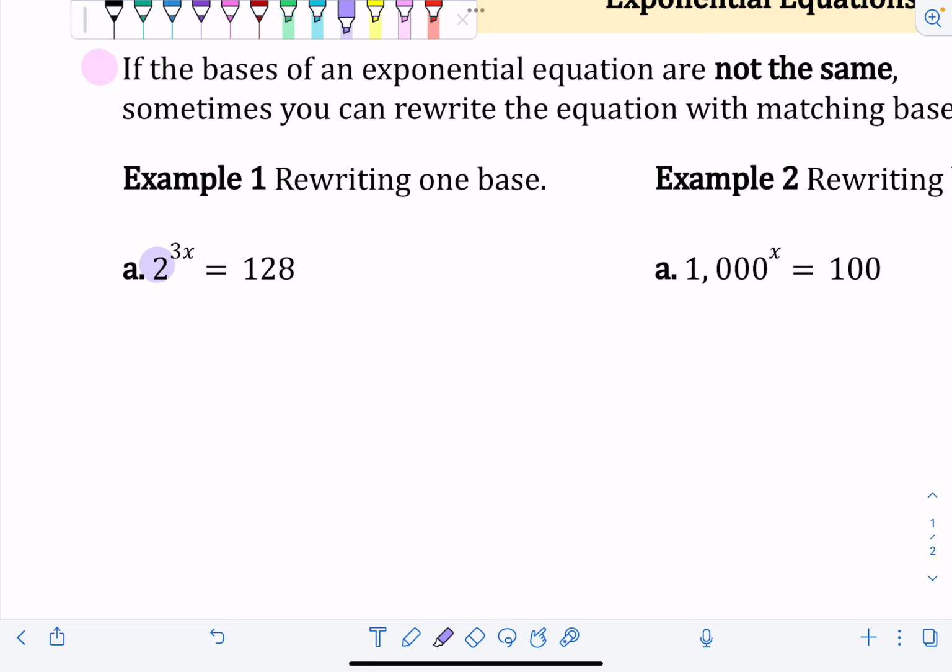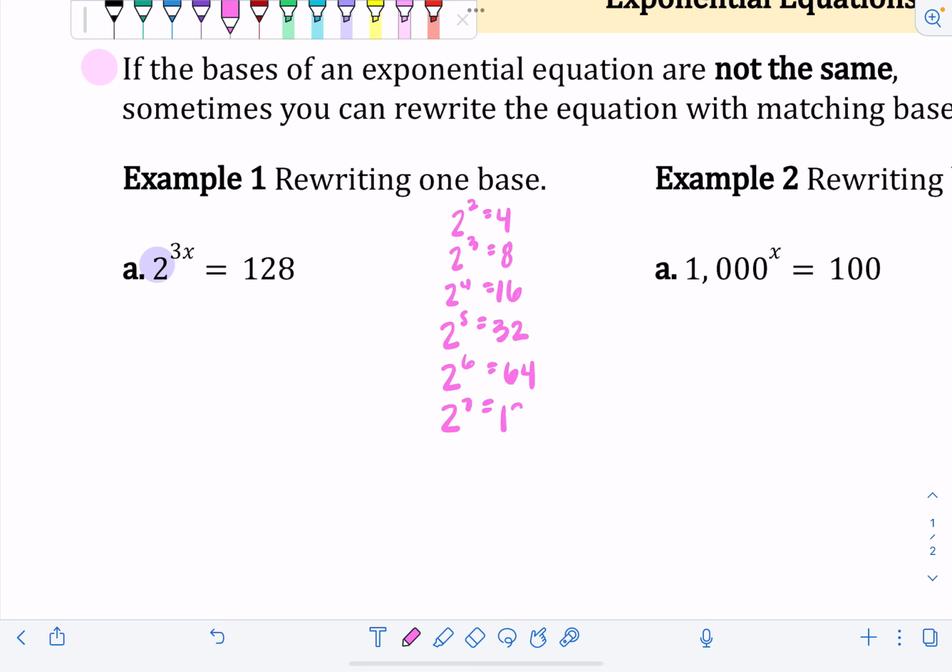So if I start listing out the powers of 2: 2 squared is 4, 2 to the third power is 8, 2 to the fourth power is 16, 2 to the fifth power is 32, 2 to the sixth power is 64, and 2 to the seventh power is 128. So these are the same value, so I can take that 128 out and replace it with 2 to the seventh power, and then we'll have the same base.